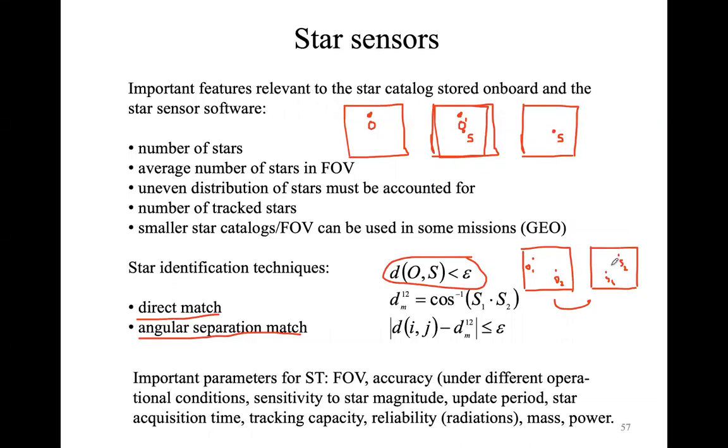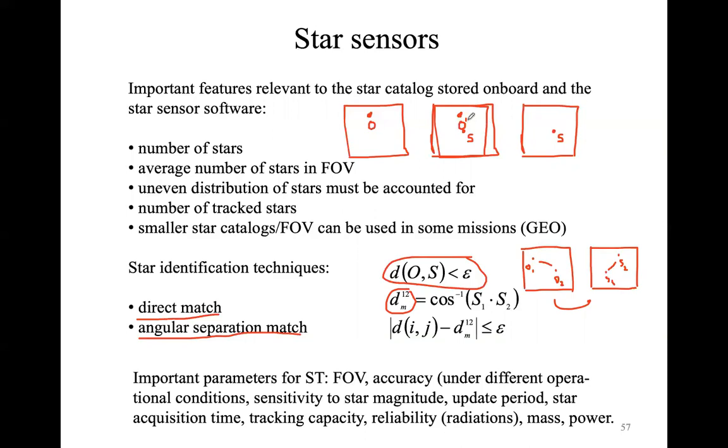the cosine of the cross product between these two vectors. So you do the cross product between these two vectors and these two, and you compare these. So you compare the relative distance between the angular separation between these two stars. Why is this useful with respect to this one?